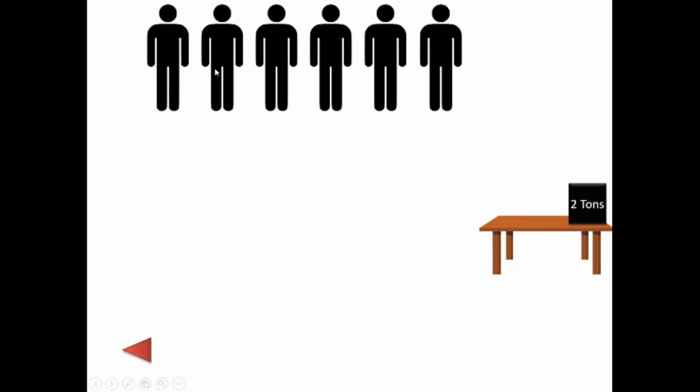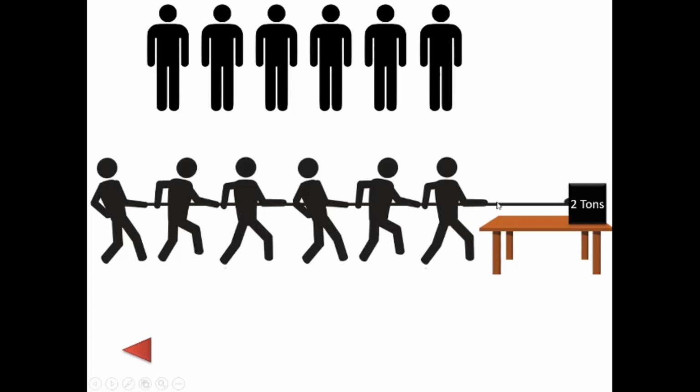For better understanding, for example, imagine we have an object with a weight of 2 tons, and we want to pull it on the surface of this table. We have 6 persons to pull it. To use the power of all of these persons, usually we use a rope.